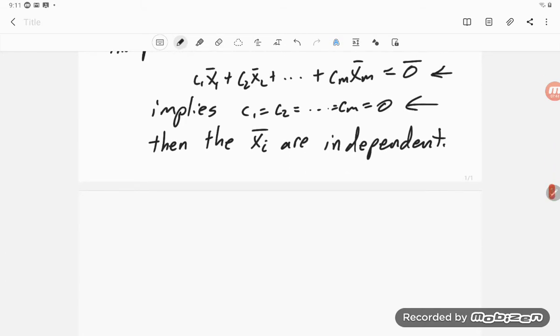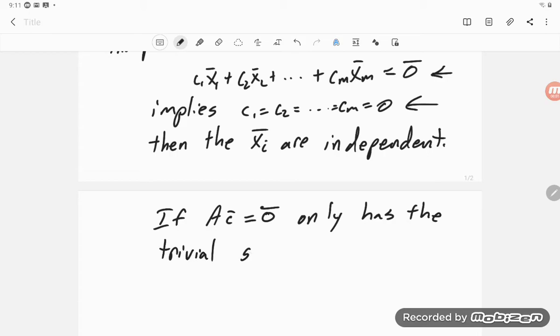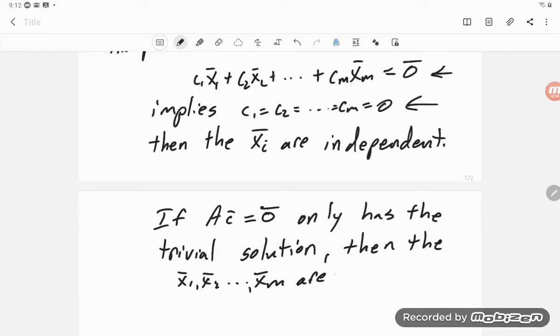Now again, in terms of a matrix, it says if AC equals 0 only has the trivial solution, then the columns of A, which we had made up there as our x1, x2 up to xm, are independent.